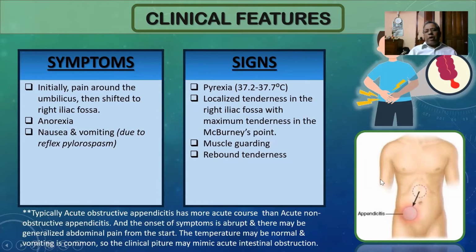Whenever the parietal peritoneum is inflamed, the patient presents with muscle guarding. The more the parietal peritoneum is inflamed, the more the muscle guarding. If you press at the right iliac fossa, gradually deepening the pressure, and then suddenly release your hand, the muscle and parietal peritoneum move, and at that time the patient feels more pain.